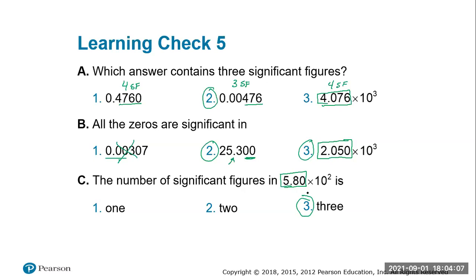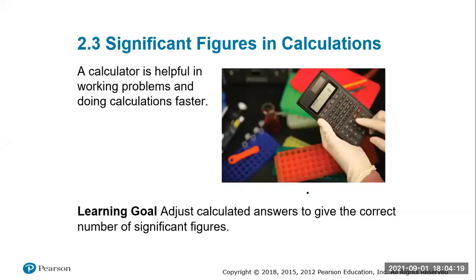All right, so more importantly, let's talk about how to do calculations that involve significant figures and how to know where we should end in terms of our number, which I think was an earlier question that was asked about the homework question.